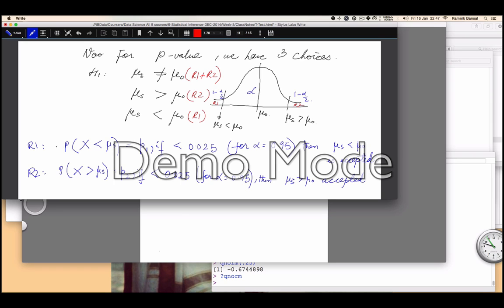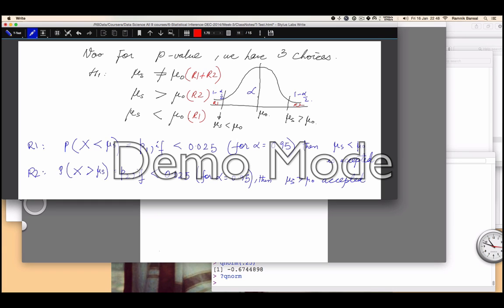So now let's say R1 is given by the probability that x is less than or equal to mu s. Let's denote it by P1. And if this is less than 0.025, then for alpha equal to 0.95, so if this is the 95 percentile, then this has to be 1 minus alpha by 2 on each side, right?